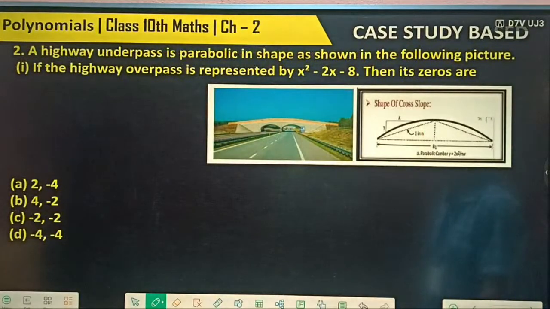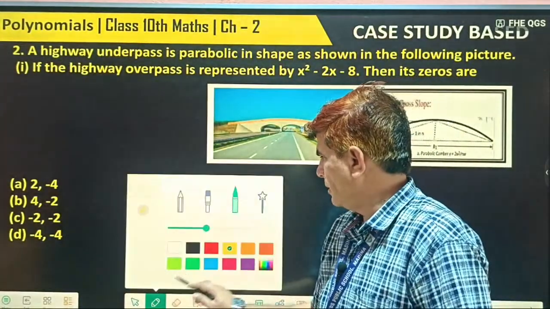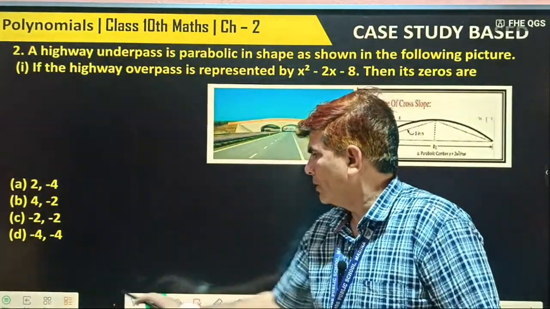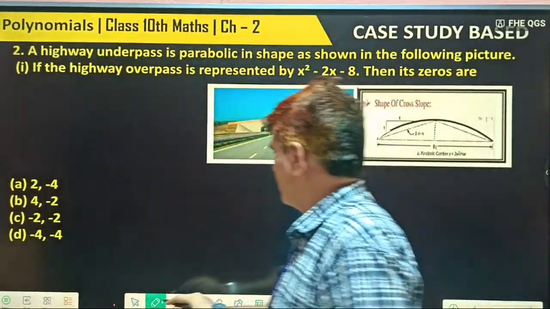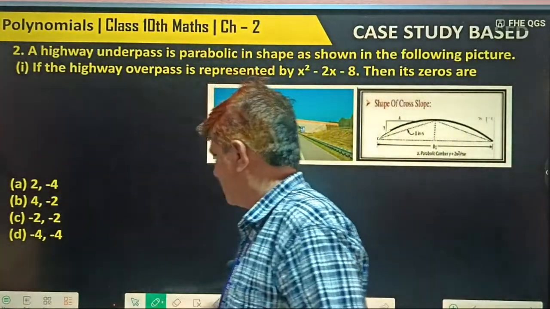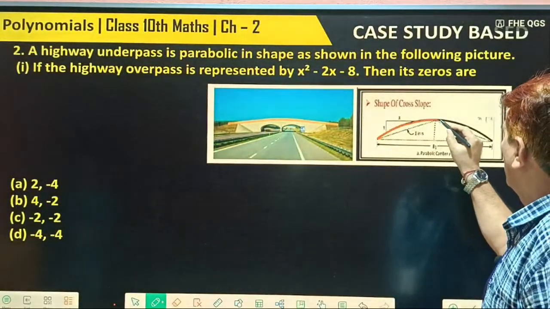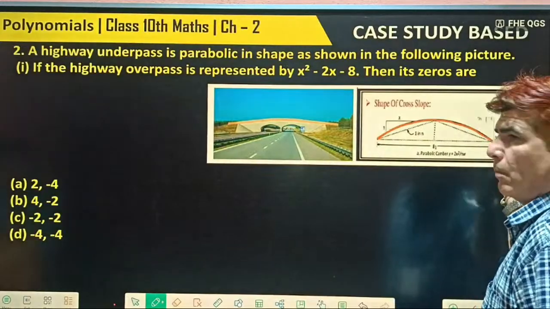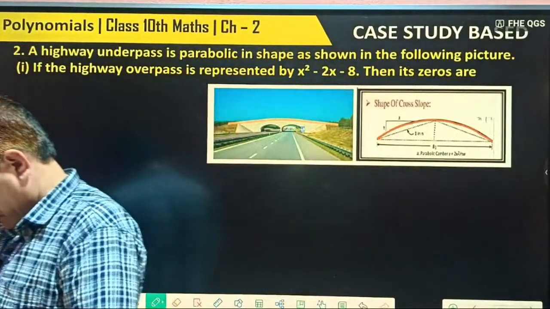Look, another case study given. A highway underpass is in parabolic shape. Parabolic meaning its shape is like this, like a parabola.